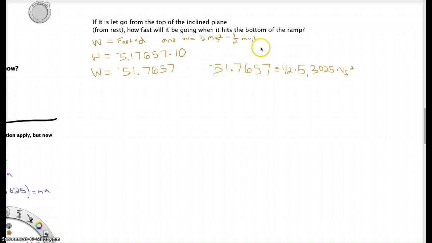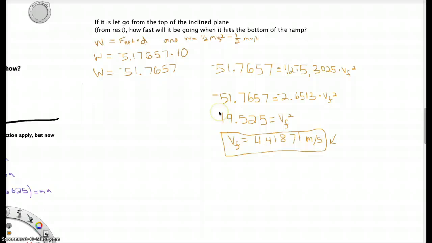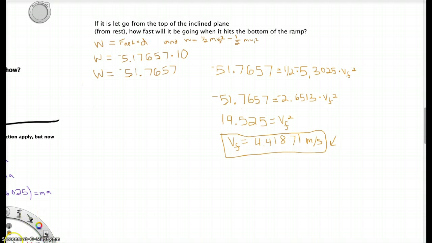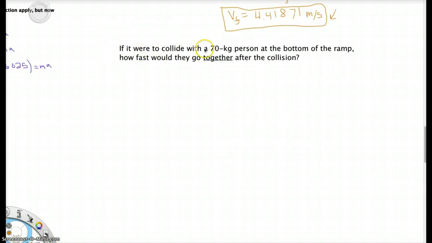So this part all canceled out, so you're left with 1/2 mvf squared equals work. And then you simplify, do the algebra, and you should get your final velocity. After we simplify, we get the final velocity of 4.41871 meters per second.